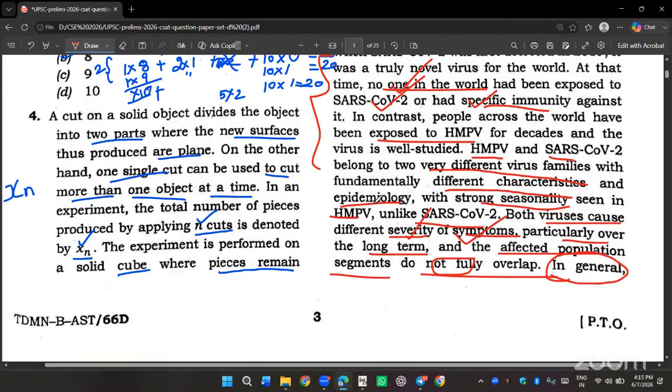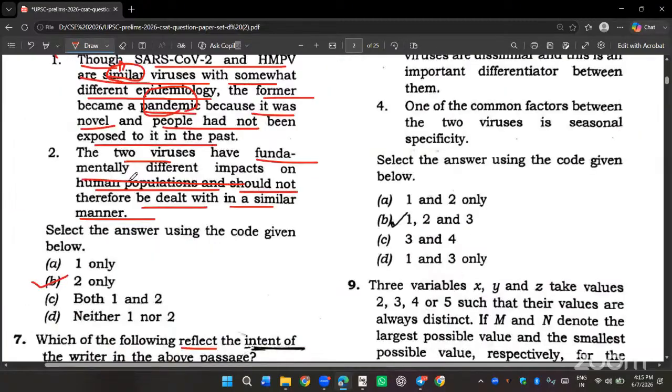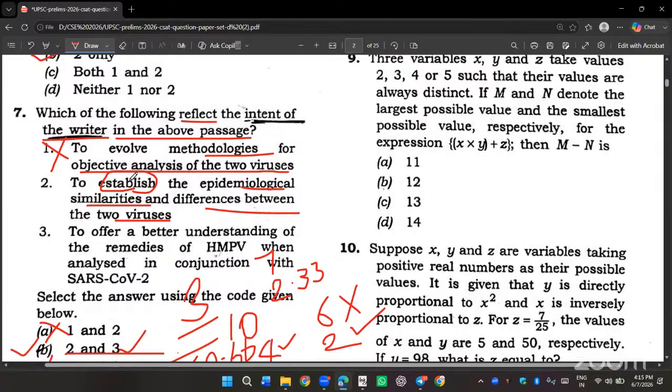Here he just mentioned that two different virus families with fundamentally different characteristics and epidemiology. But here epidemiological similarity, that is a mistake. Difference in epidemiology, not a similarity. So this statement is wrong.